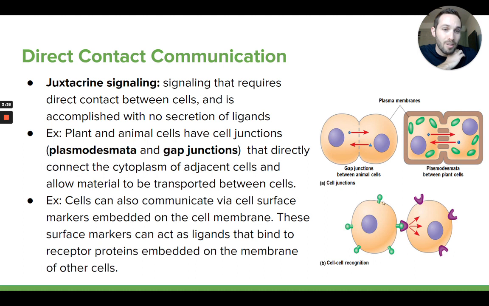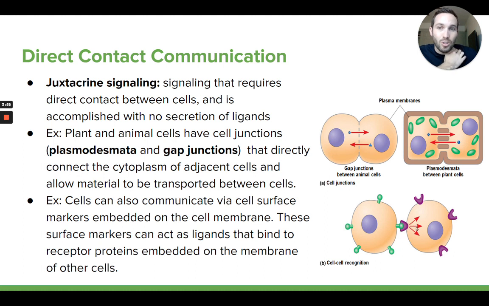So this could be some kind of protein or other molecule displayed on the cell membrane that, when these cells are in direct contact, can bind to the receptor protein on the cell right next to it, and that can then trigger this receptor to become activated and things to happen.